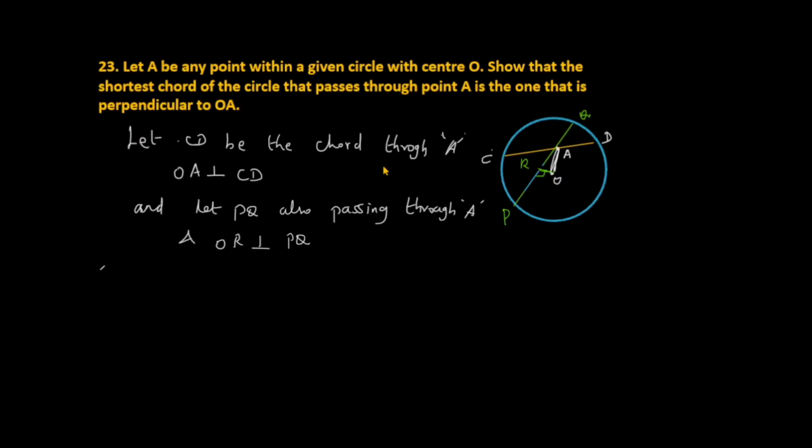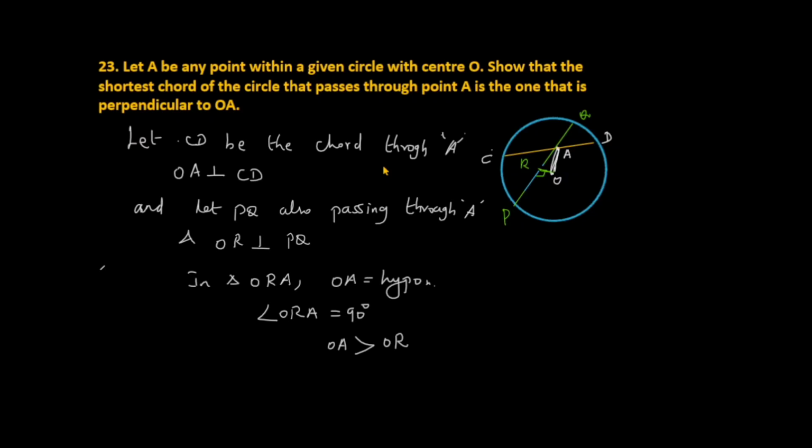If we are taking it like this, in triangle ORA, OA is the hypotenuse, because angle ORA is 90 degrees, and opposite to that is the hypotenuse. So OA is greater than OR. That is, the distance from the center to CD is greater than the distance from the center to PQ.